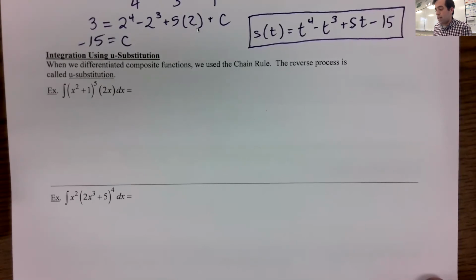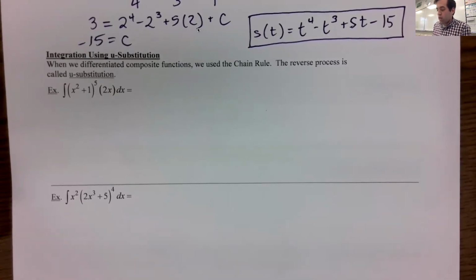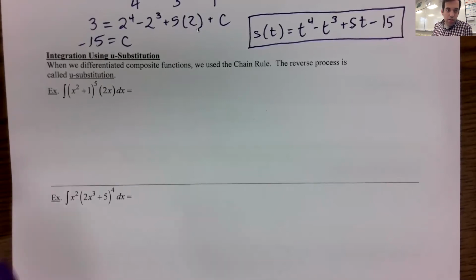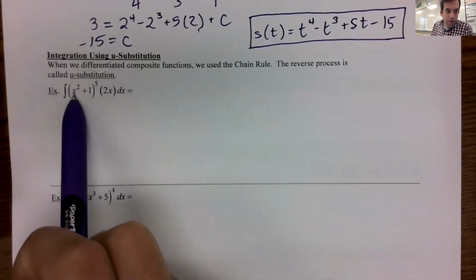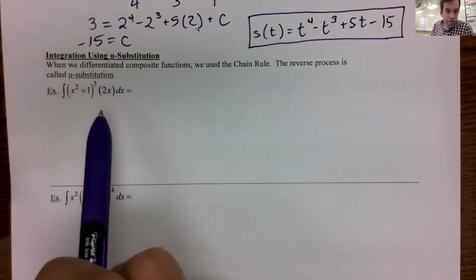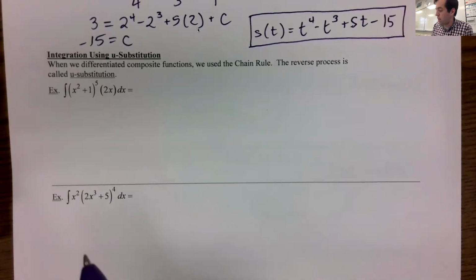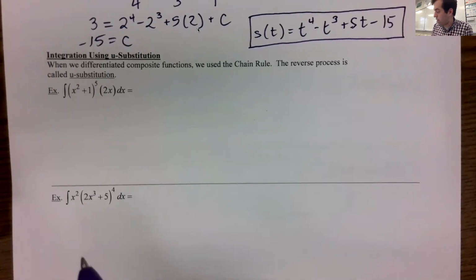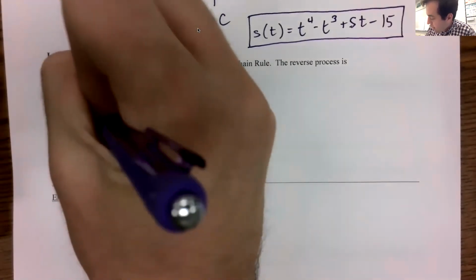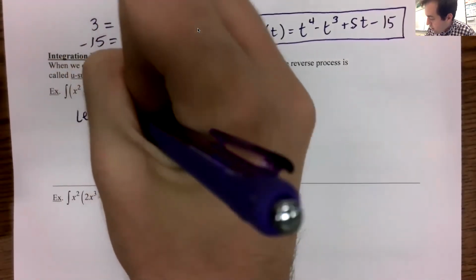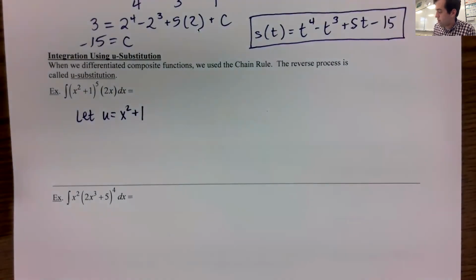Now normally, if we didn't have a process called u substitution, we would have to multiply all of this out in order to be able to take the integral. We'd have to actually multiply x squared plus 1 by itself 5 times and then distribute 2x and then take the integral using our reverse power rule and everything. But we can change this if we say, let's let u equal x squared plus 1.